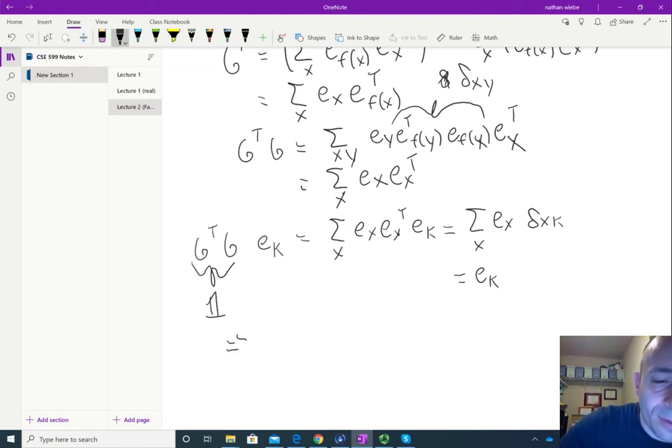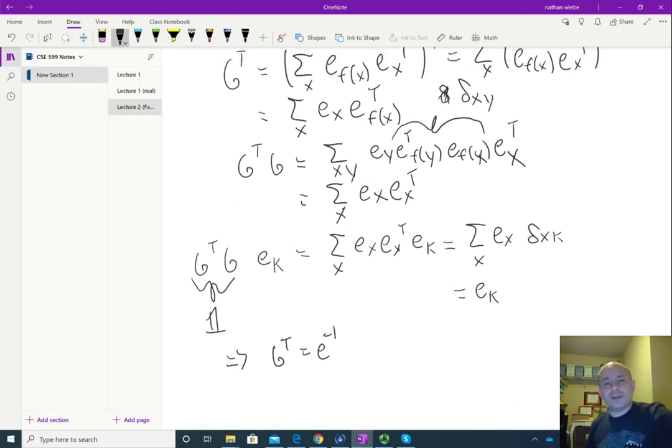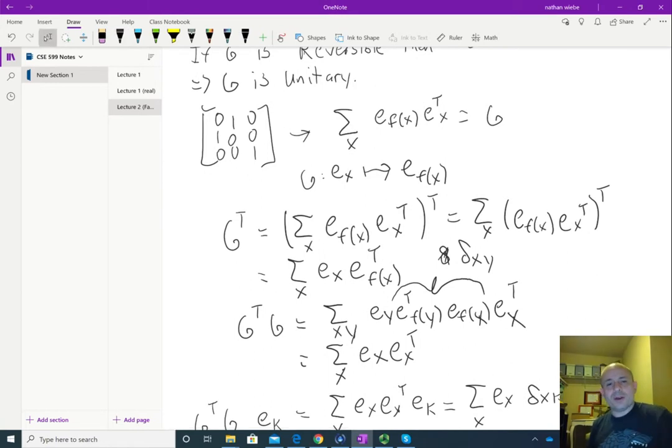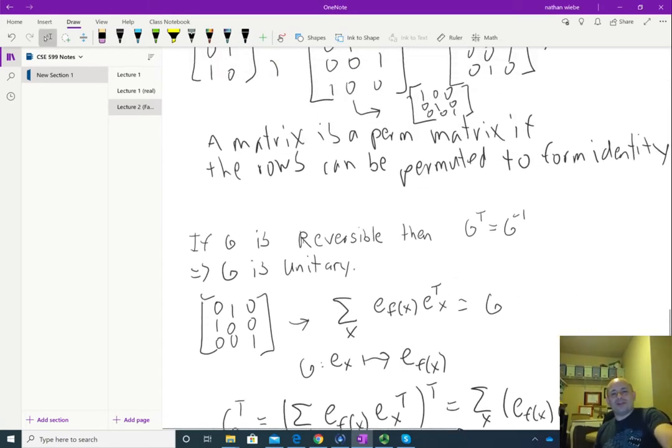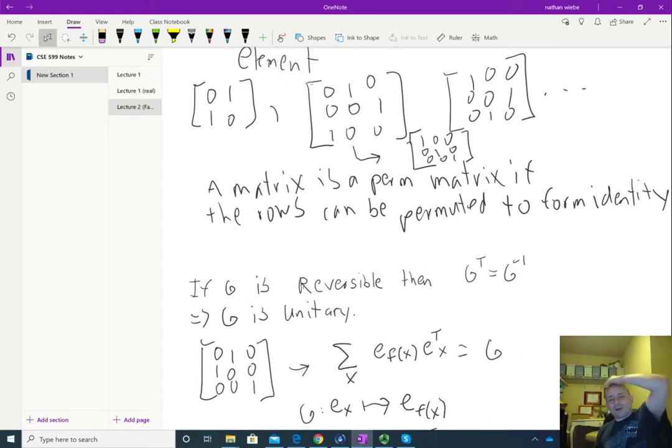Ergo, G transpose is equal to G inverse. And there you have it. That ends up showing that all reversible functions can be inverted, actually just by taking their transpose. Which again, isn't terribly surprising when you take a look at some of these examples over here, right? If we transpose, well, unfortunately, I guess all the ones that I drew over here are self-inverse.